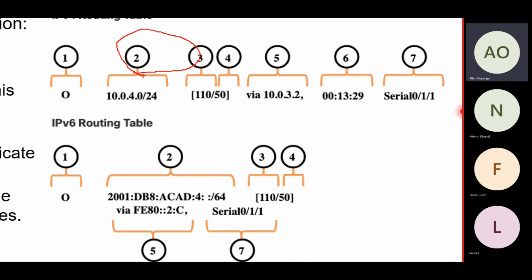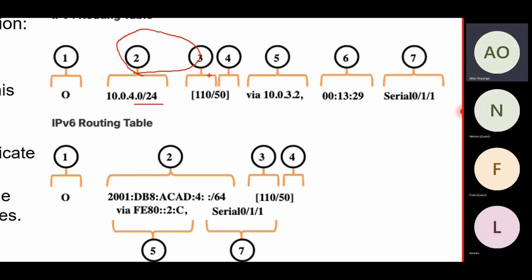So that is always column number 2, and it will always have a network address with the subnet mask put in form of the slash notation. Like this is for network 4.0/24.